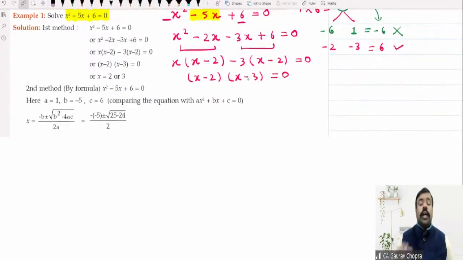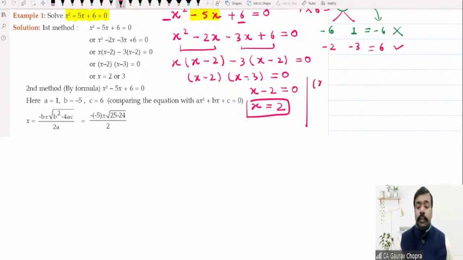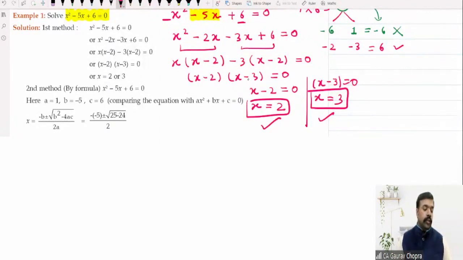Now we compare each one with 0. If x minus 2 is equal to 0, we get x equal to 2. And if x minus 3 is equal to 0, we get x equal to 3. So the result is x equal to 2 and x equal to 3. This is the solution according to the factor method, or splitting the middle term method.